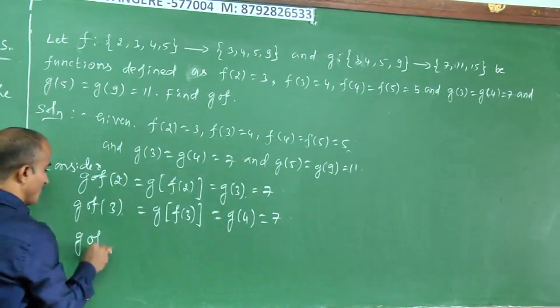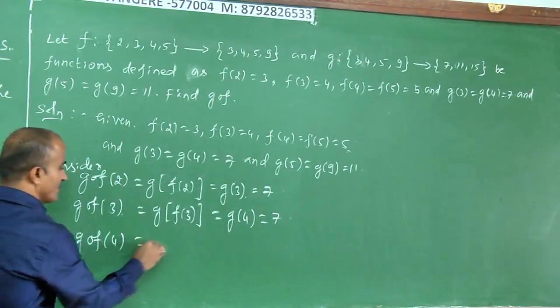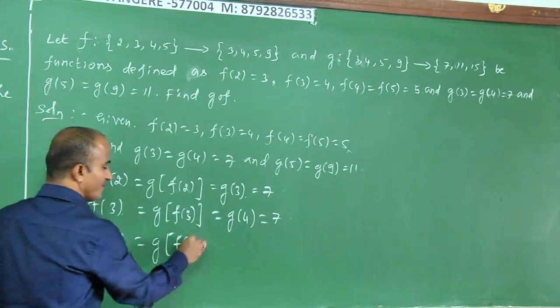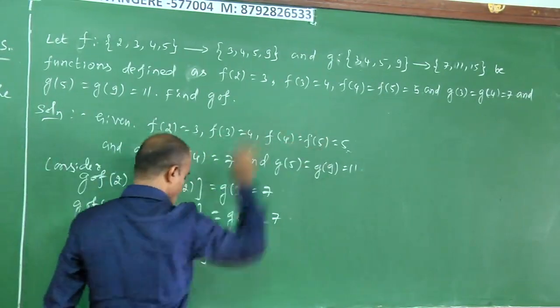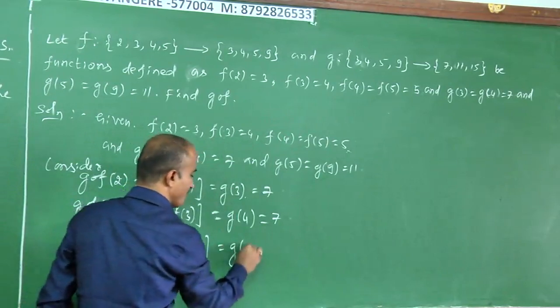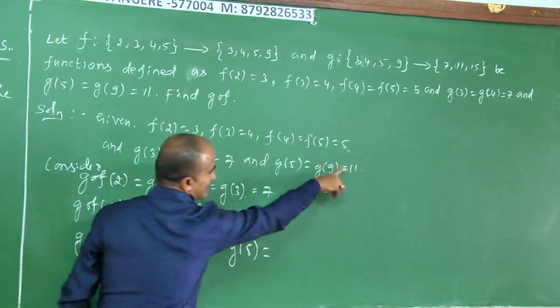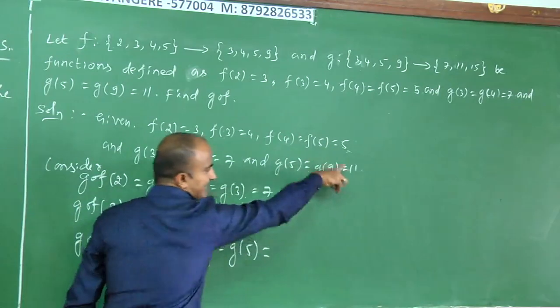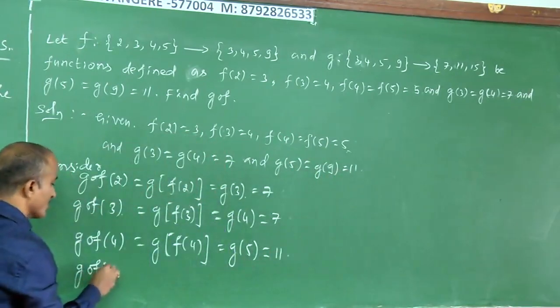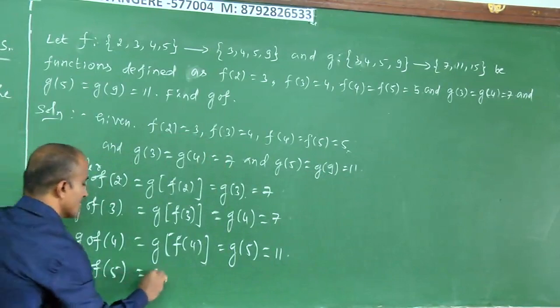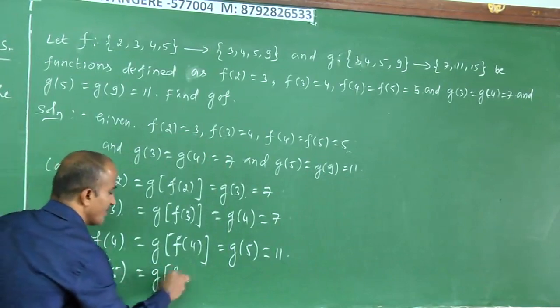Now GOF of 4 is g of f of 4. The image of f of 4 is 5, so g of 5, where the image of 5 under g is 11. Now GOF of 5 can be written as g of f of 5.